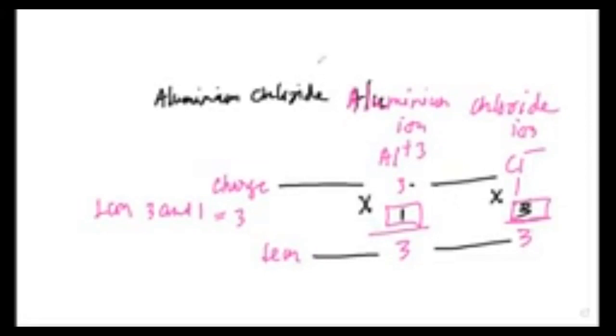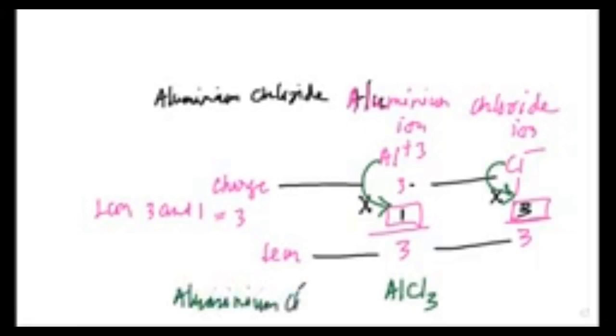In that case, my dear students, now we should take the same number of ions that we put into the box. So we need aluminium 1 and chlorine 3. So the formula for aluminium chloride we can write as AlCl3.